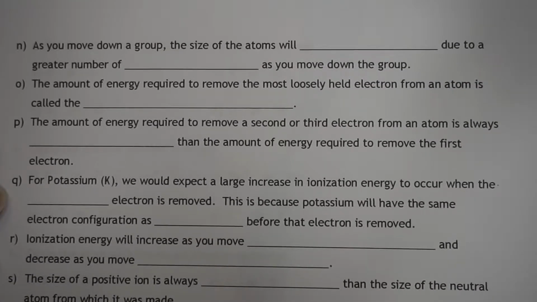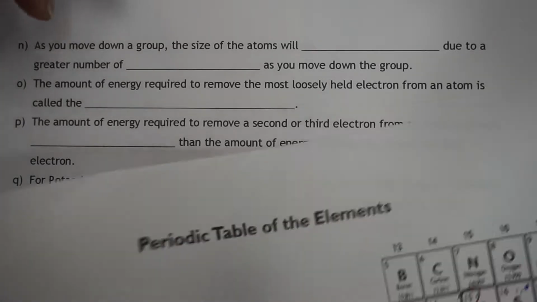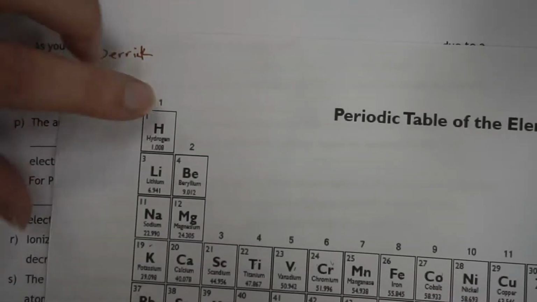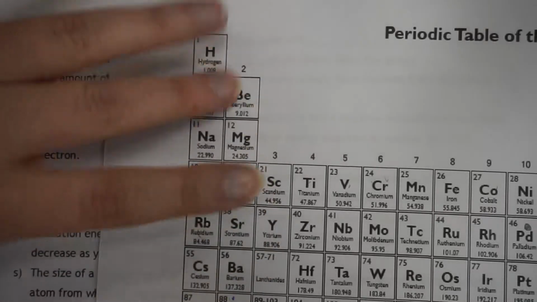All right, so next question is, as you move down a group, the size of the atoms will blank due to a greater number of energy levels as you move down the group. Now we're doing groups. In all of these size type questions, they're going to ask about the period and the group.